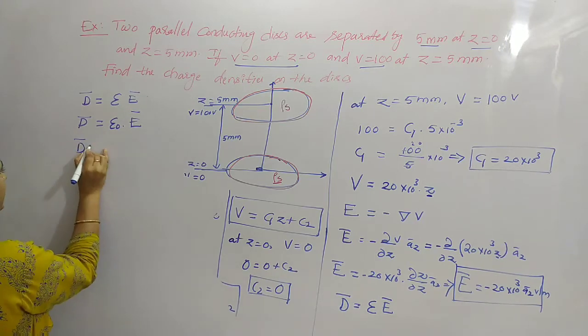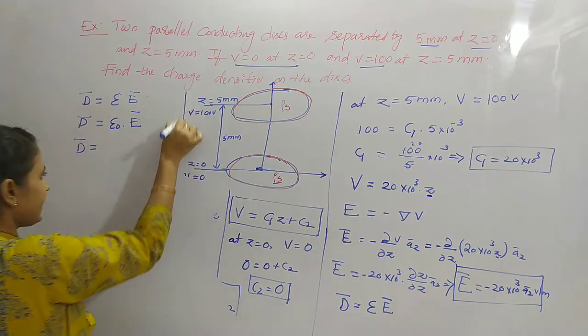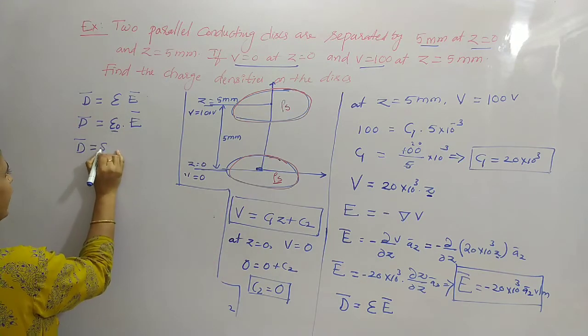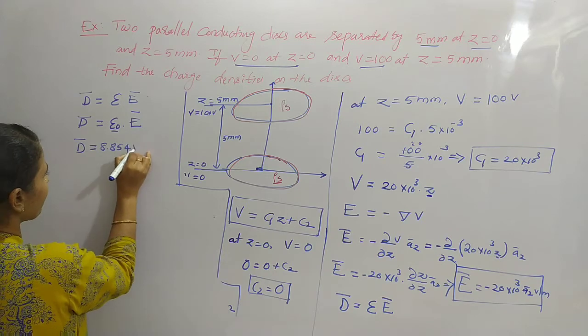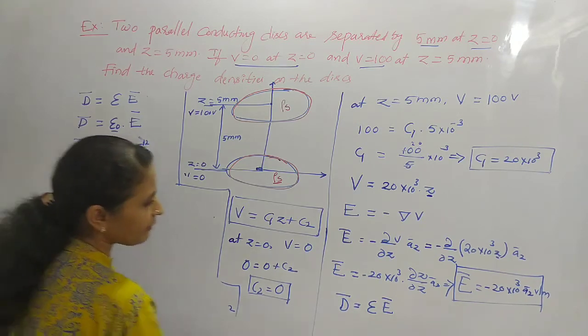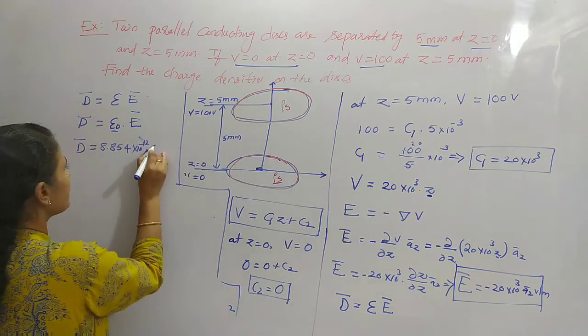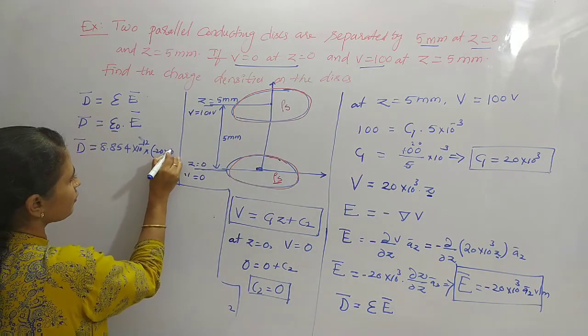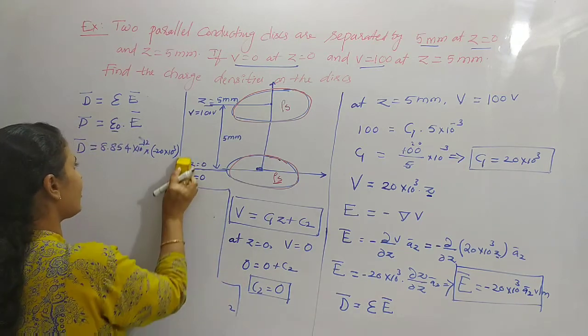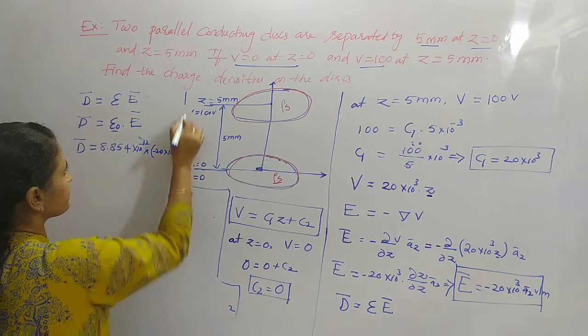So D bar is written as epsilon naught, which is 8.854 into 10 raised to minus 12, into E bar. What is the E bar value? Minus 20 into 10 raised to 3 into Az, it is along the Z axis.